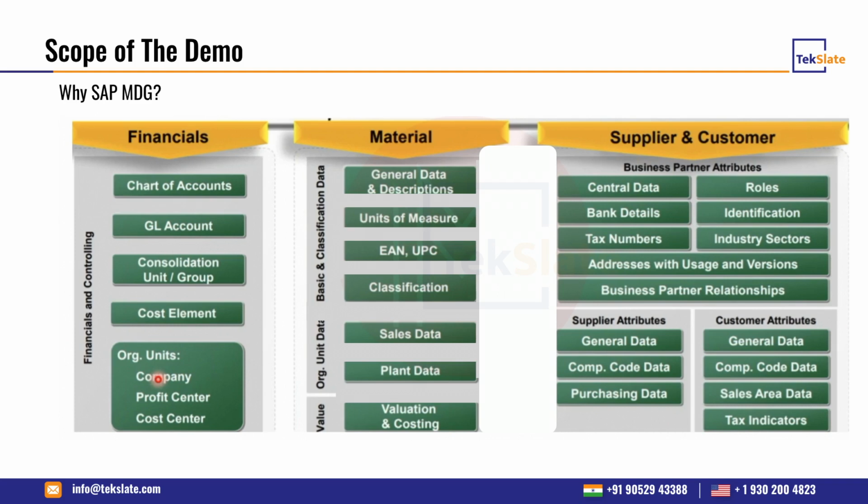For the customer, the main ones are general data, company code data, and sales data. For the supplier, we have supplier attributes, company code data, and purchasing. So this is the business partner level, this is the supplier level, and this is the customer level. This is how the data is maintained and segregated by SAP.